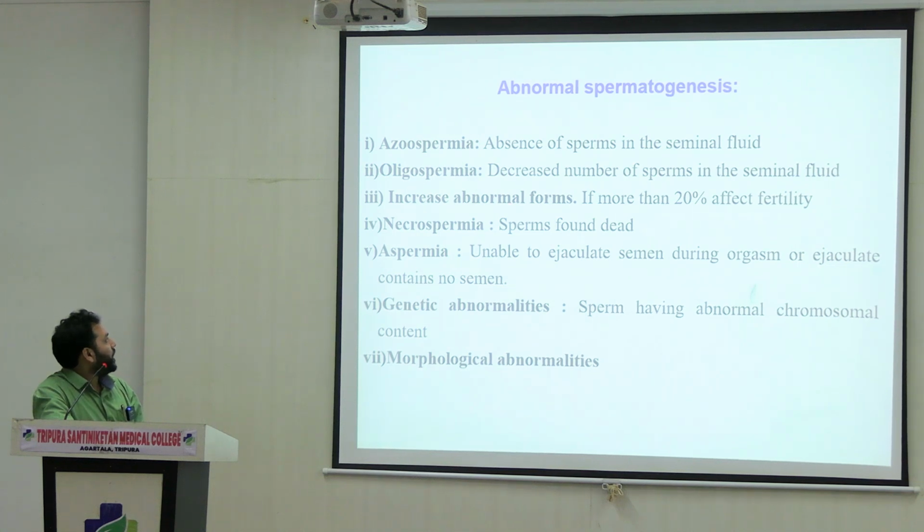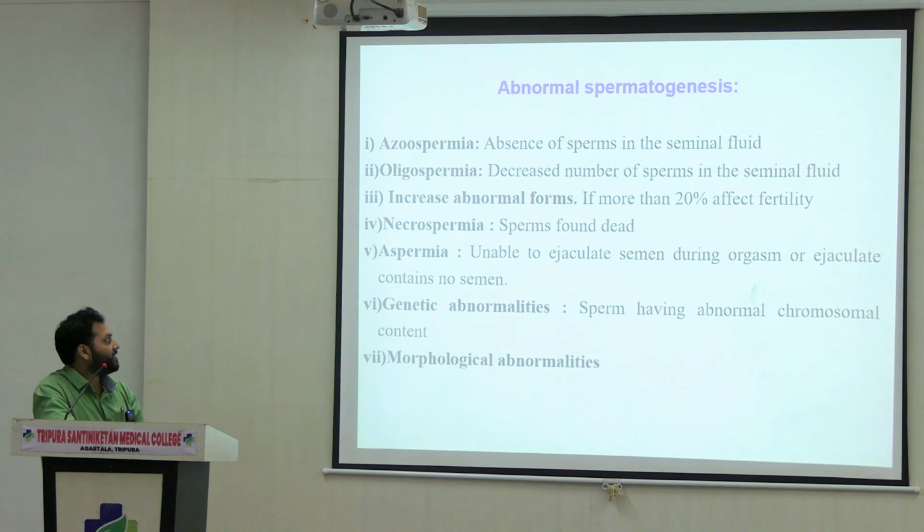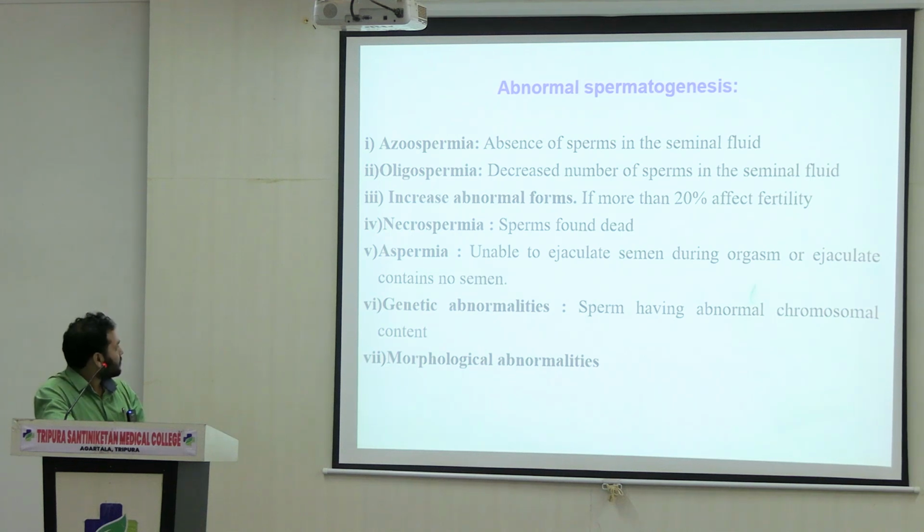At the same time, though there is a decreased number of sperm cells found in oligospermia, if the decrease in the number of sperms is more than 20%, in that particular case, the person may suffer from infertility. It means this decreased number of sperm cells also affects the fertility process.